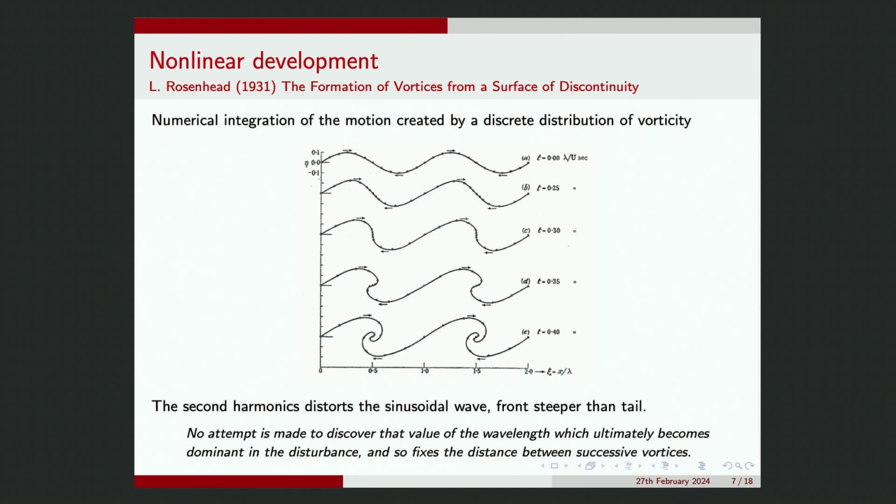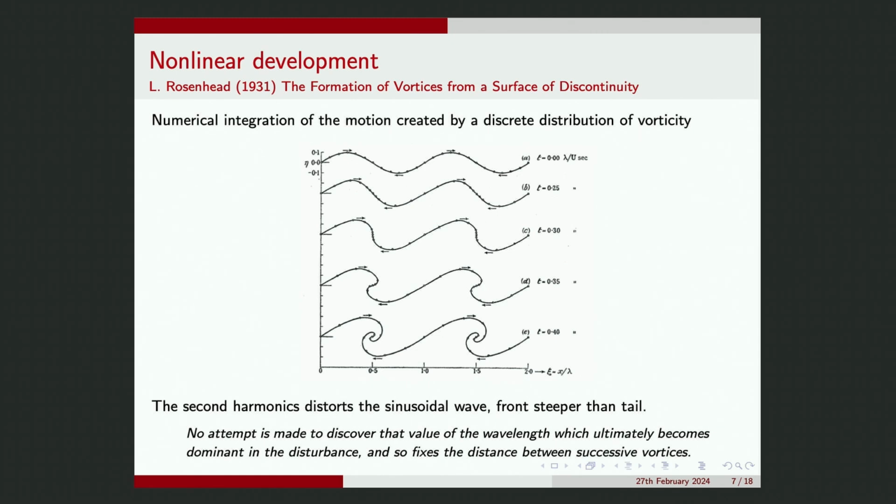Rosenhead integrates numerically by hand, as there were no computers at the time, the motion created by a discrete distribution of vorticity along the interface, and the time development shows the famous unrolling of the wave, which is characteristic of this instability.